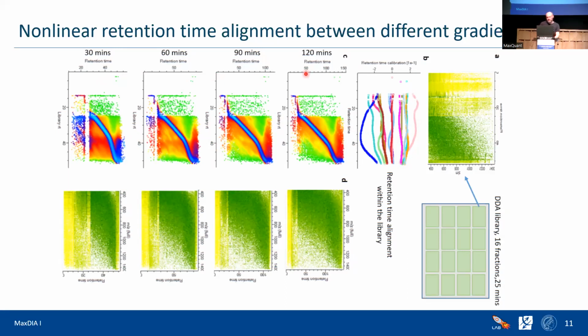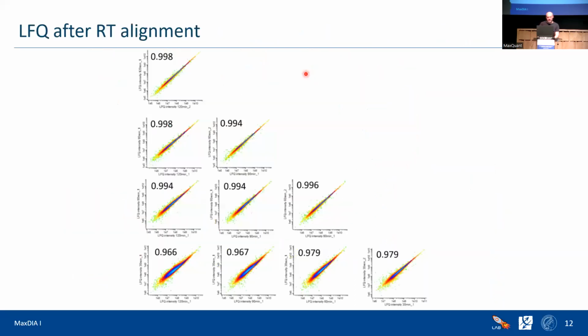And after these samples with different gradients are aligned to the library, you can even do MaxLFQ quantification on these without any disturbances by having non-comparable data there.